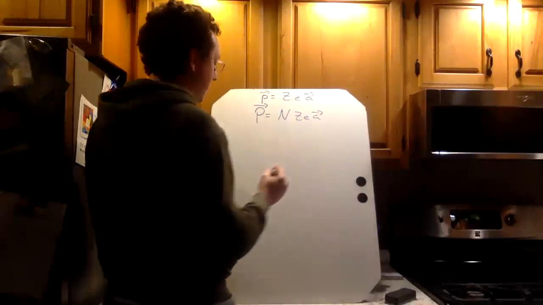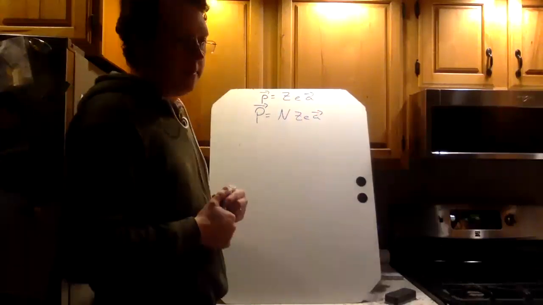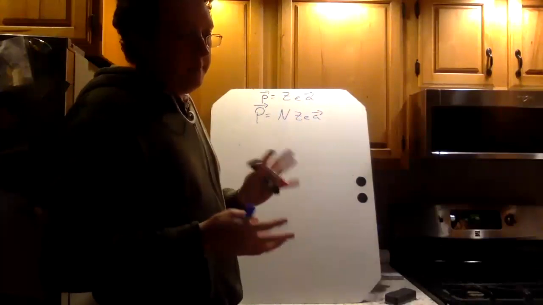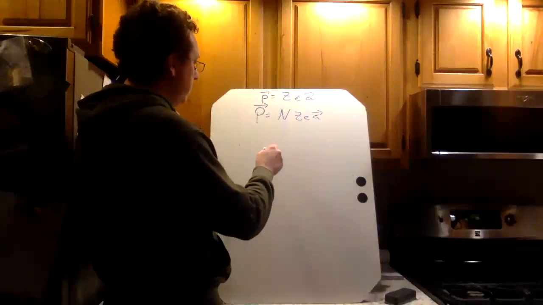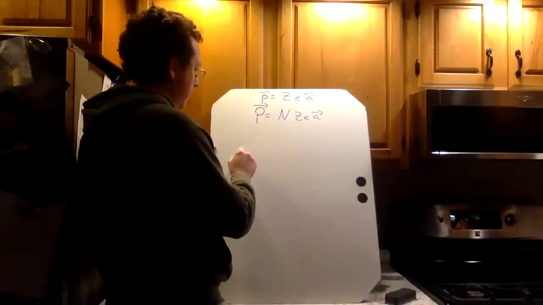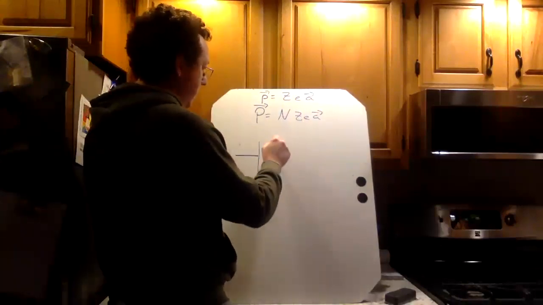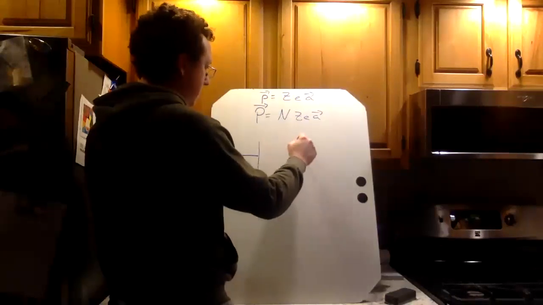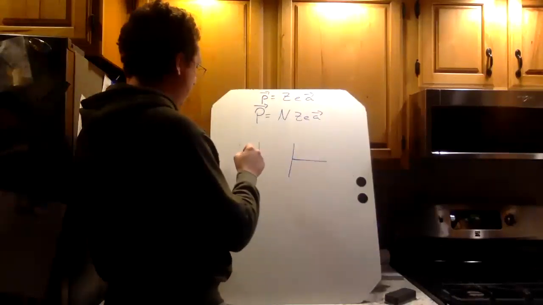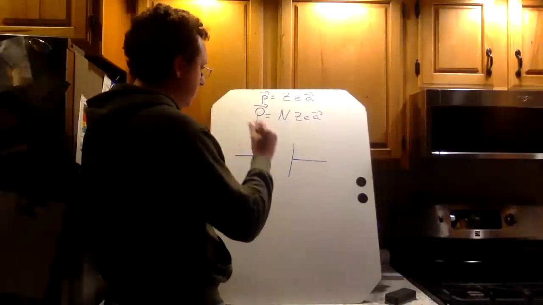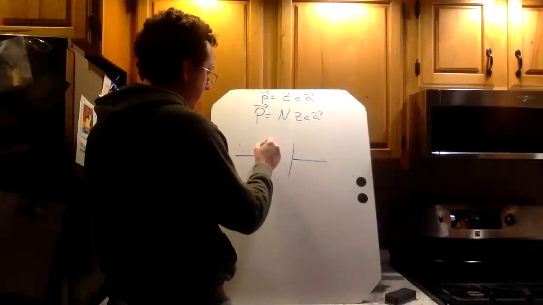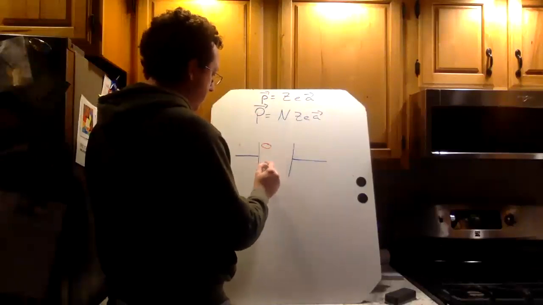All right, very good. So now let's think about what happens when you have a capacitor and you apply an electric field to it, and you get all these little dipoles rotating around. Let me change colors.